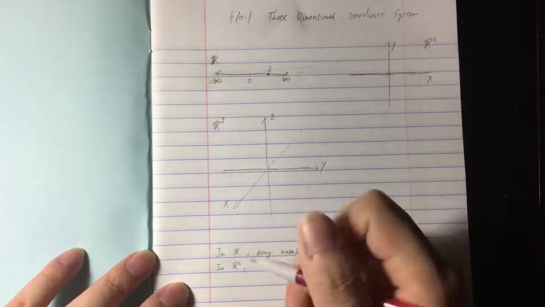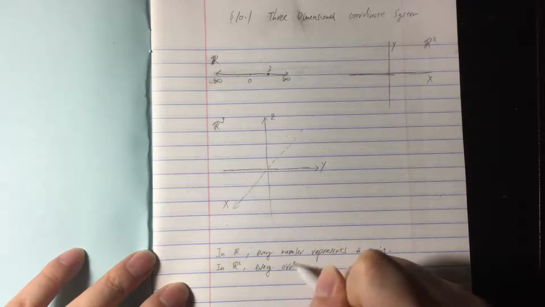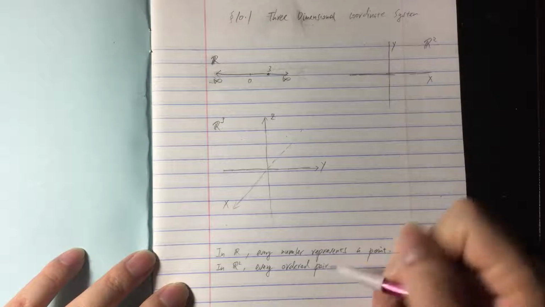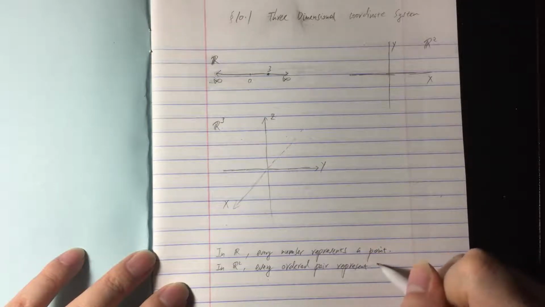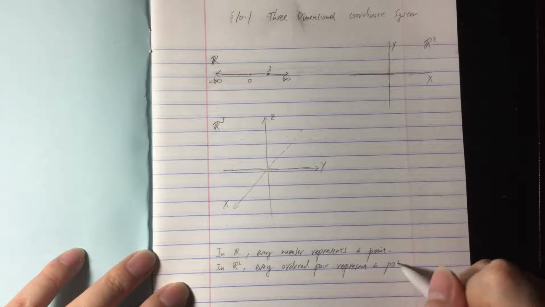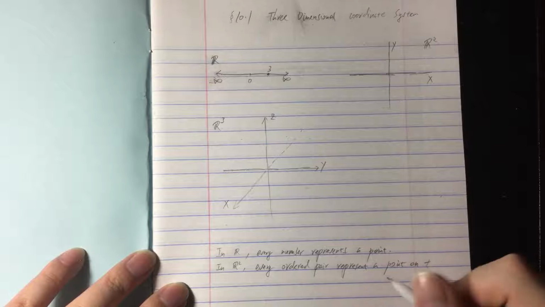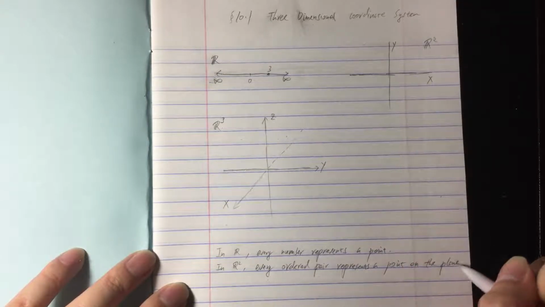In R2, every ordered pair represents a point on the plane, on the xy plane.